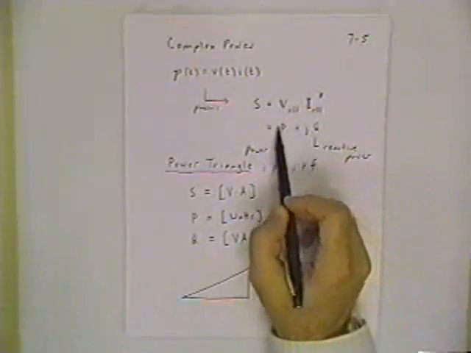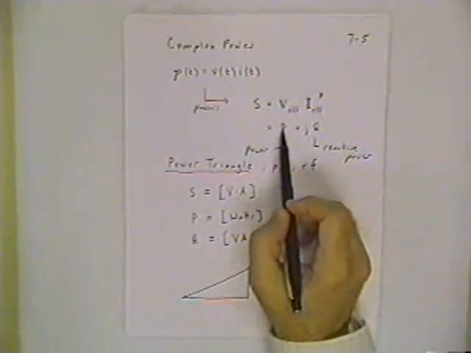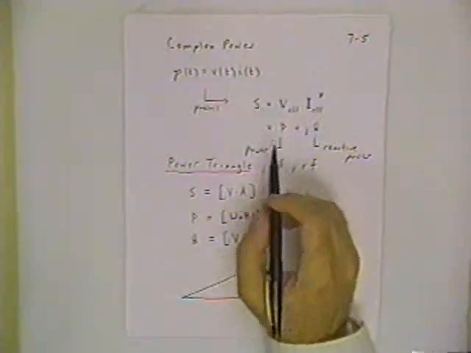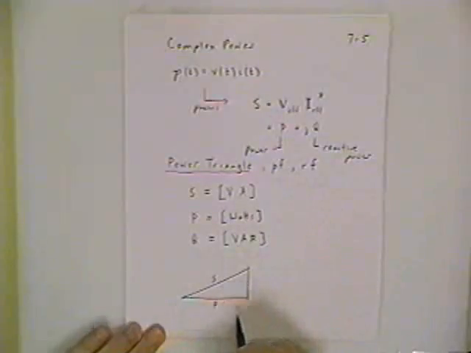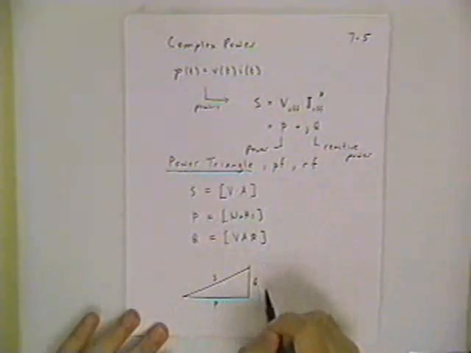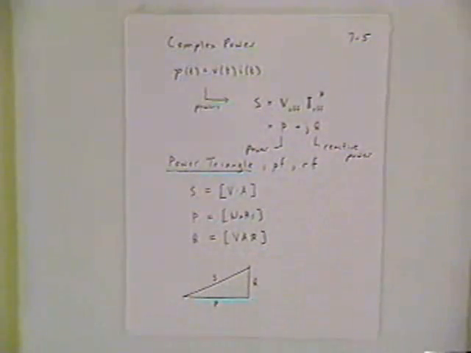It's a simple application of the Pythagorean rule. It says the square root of P squared plus Q squared gives you S. So we can label this hypotenuse as S, this real leg as P, the vertical leg as Q.